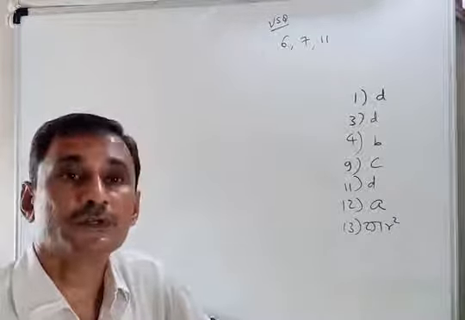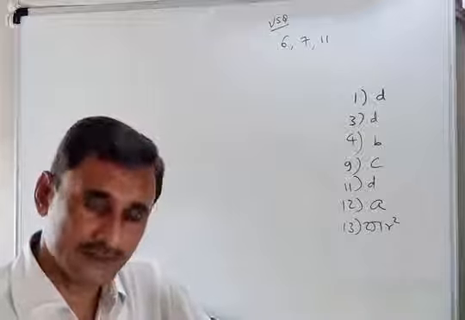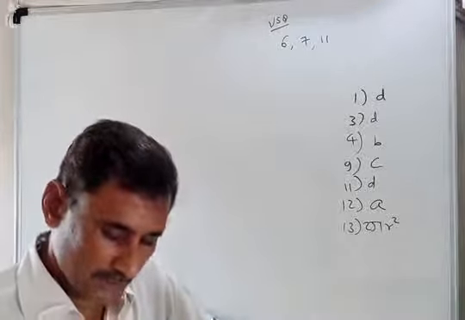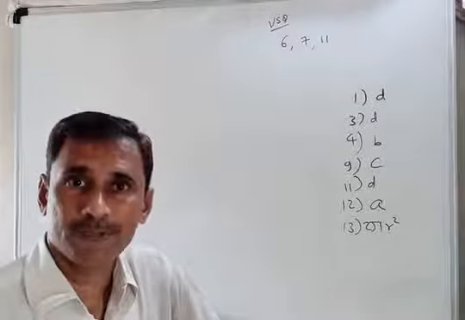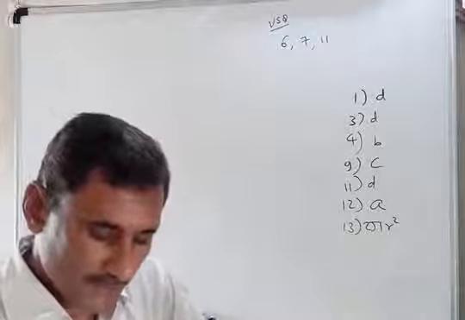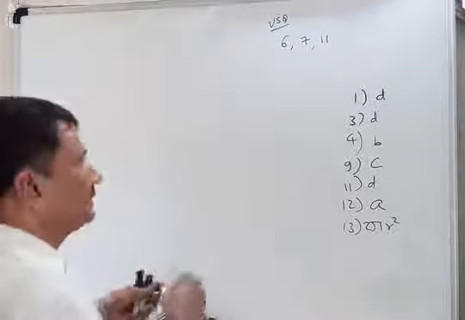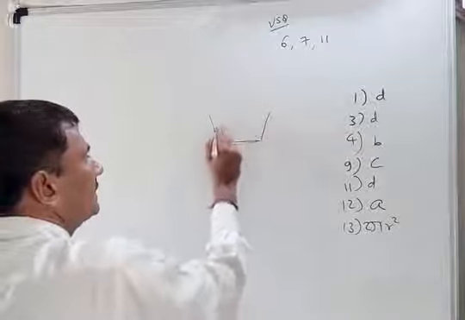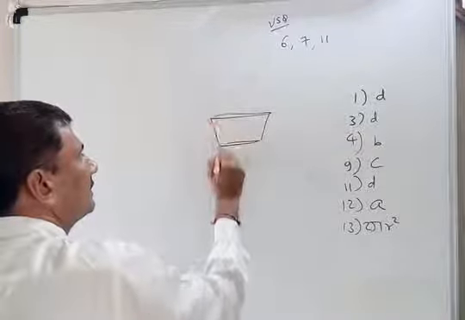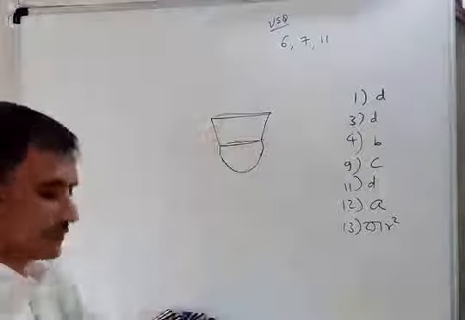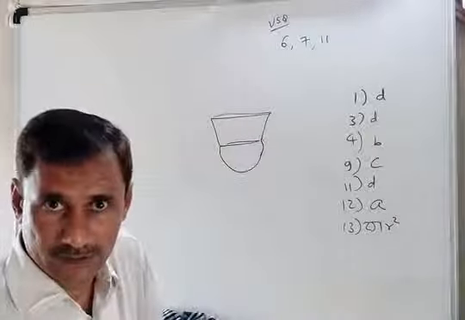Bucket. Frustum of cone. Just like glass. Okay, just like drinking glass. So bucket is frustum of cone. Shuttlecock. Shuttlecock is frustum of cone as well as hemisphere. Why? Shape is just like that. Shuttlecock in badminton is just like that. Okay. So here frustum of cone plus hemisphere.